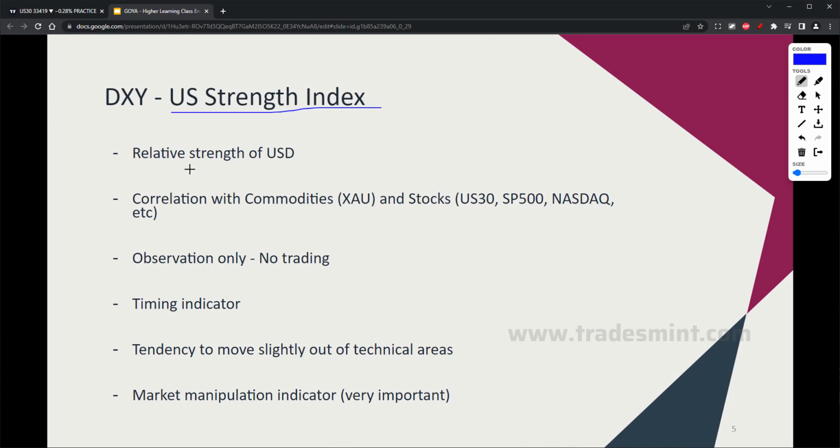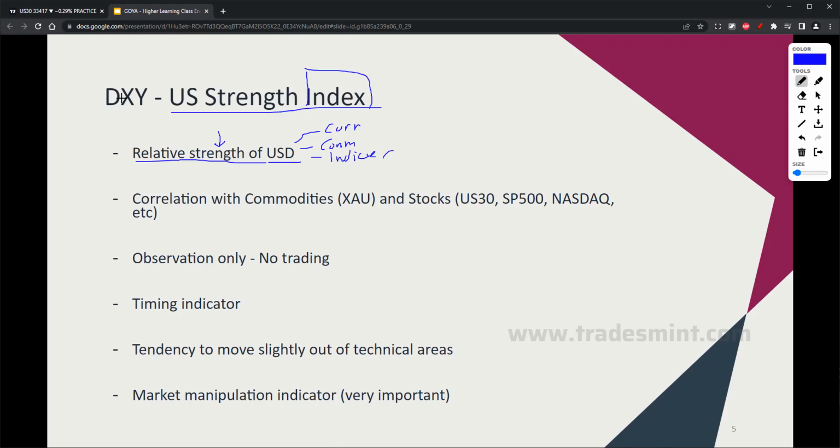So number one, the DXY is the relative strength of the US dollar. Okay, so basically this index will be calculated using the value of the different currencies, commodities, indices, and so on and so forth. It's going to give us an overall average of the strength of the USD on that particular day, in the last few weeks, few months, and so on.